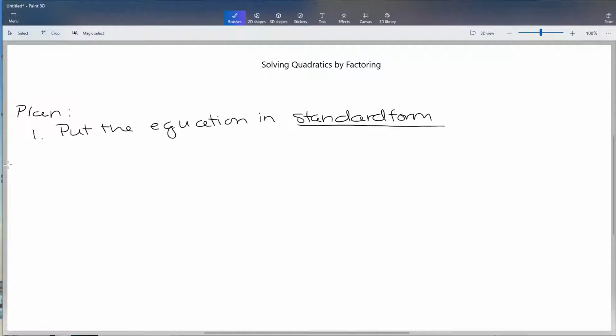Okay, so we're going to put our equation into standard form, which is going to look like ax squared plus bx plus c equals 0. Okay, so we have all the terms on one side going from biggest exponent to smallest exponent, okay, and 0 being the other side. Okay, then we are going to factor completely.